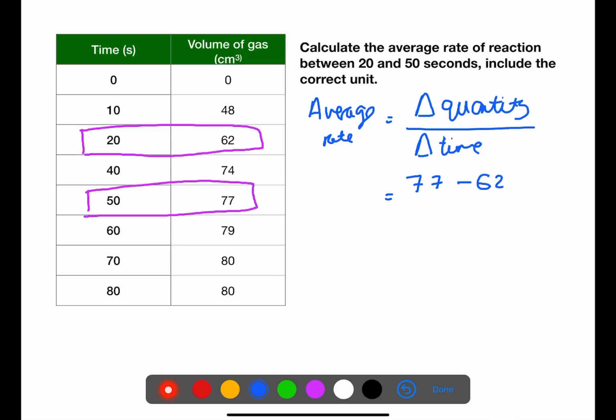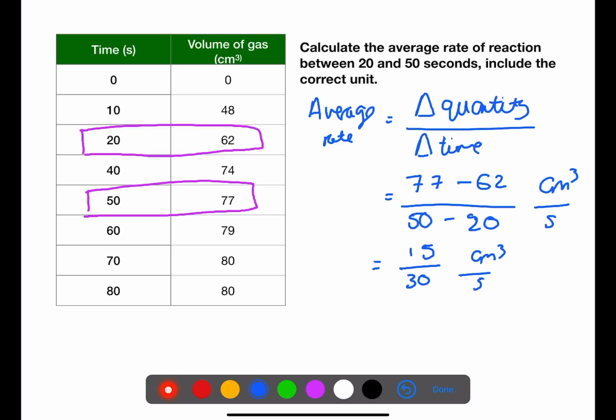At 20 seconds, the volume of gas is 62. Our change in time is 50 minus 20, and we're doing this in centimetres cubed per second. So we have 15 divided by 30, which gives us an average rate of 0.5 centimetres cubed per second.